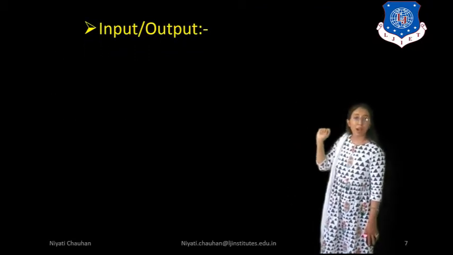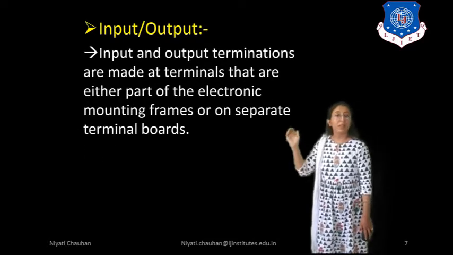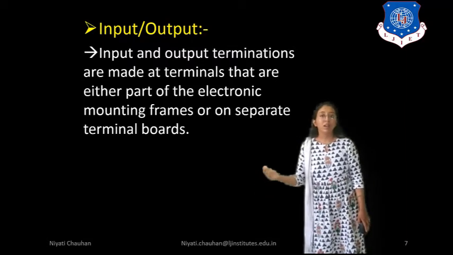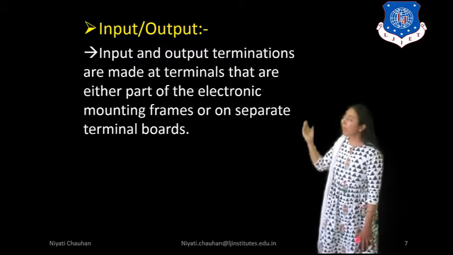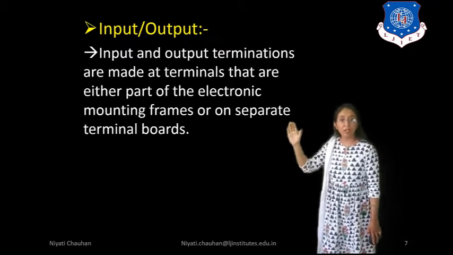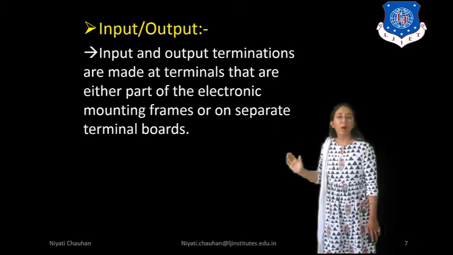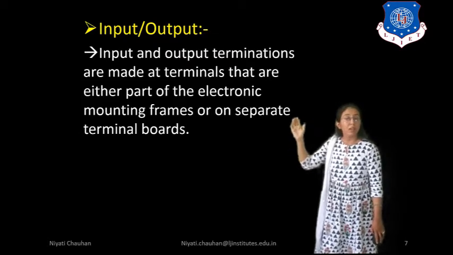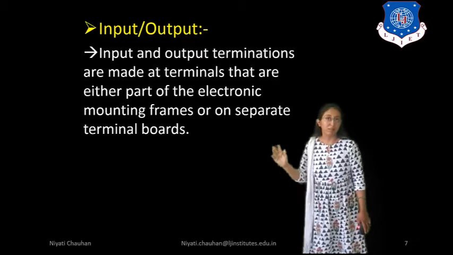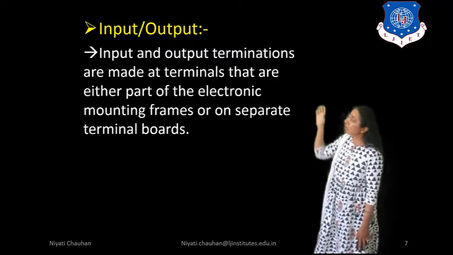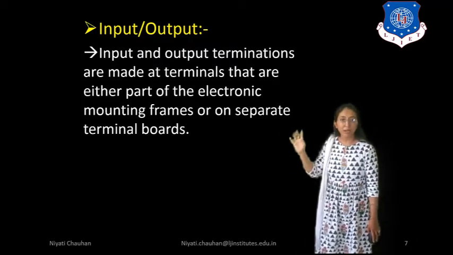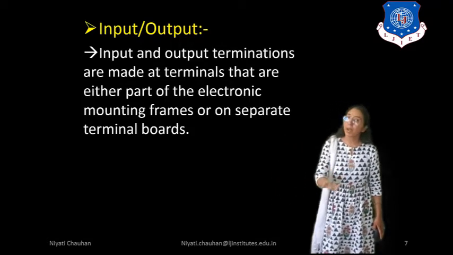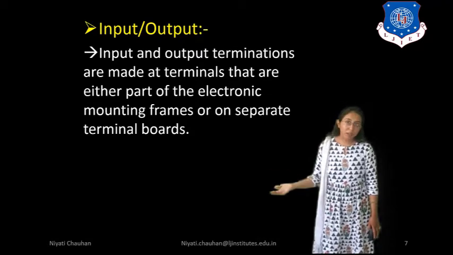Next is input output. Input and output terminations are made at terminals that are either part of the electronics mounting frame or on a separate terminal board. So here input and output terminals are mounted on the electronics frame, and also sometimes in a panel.